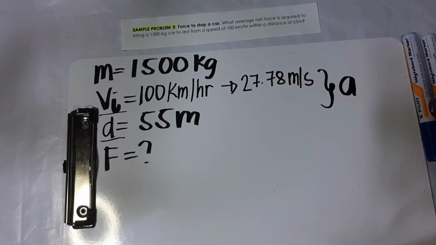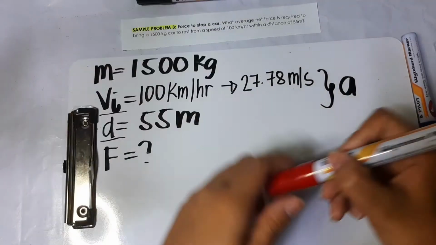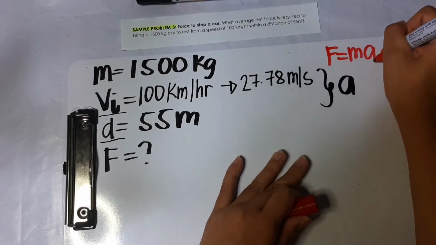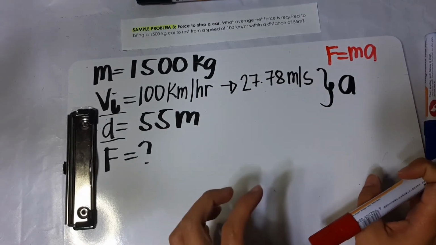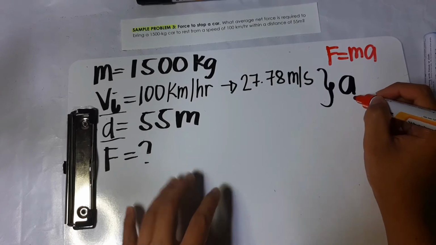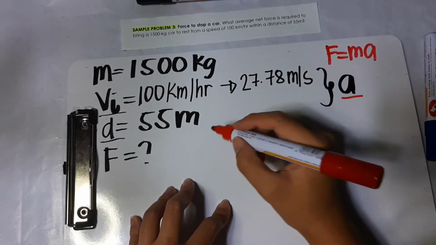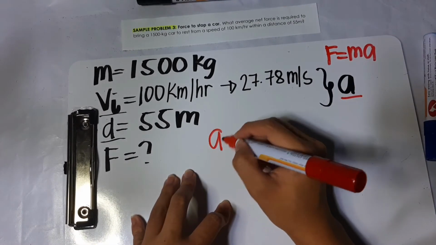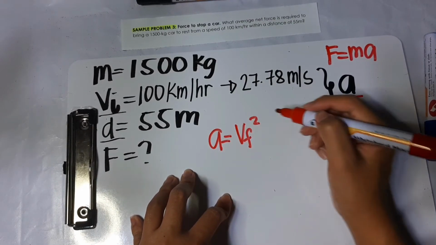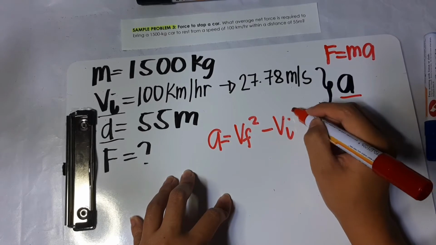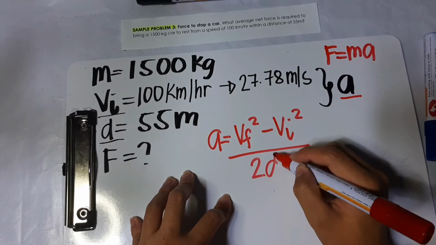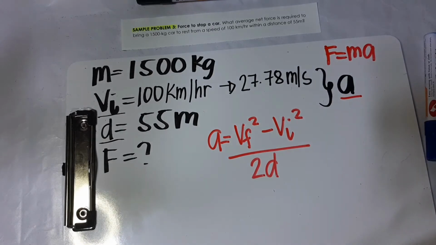Aside from the formula F is equal to ma, we're going to use another formula to solve for the acceleration, which is acceleration equals the final velocity squared minus the initial velocity squared, divided by 2d.